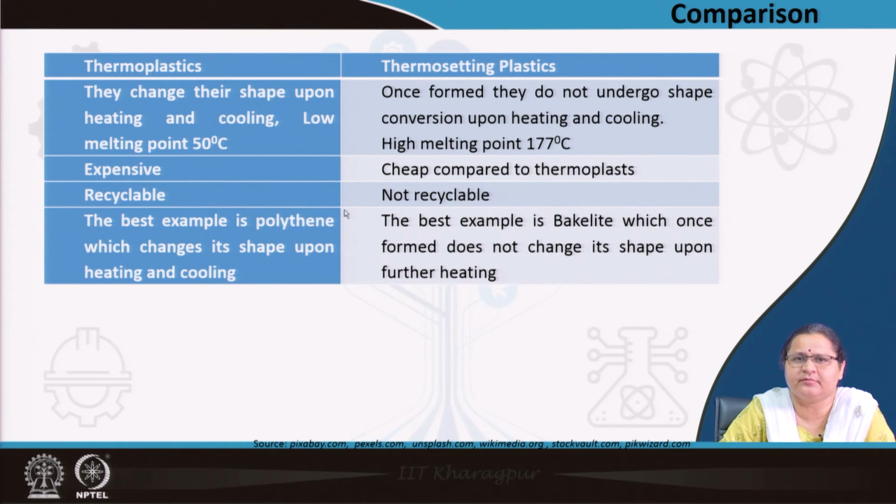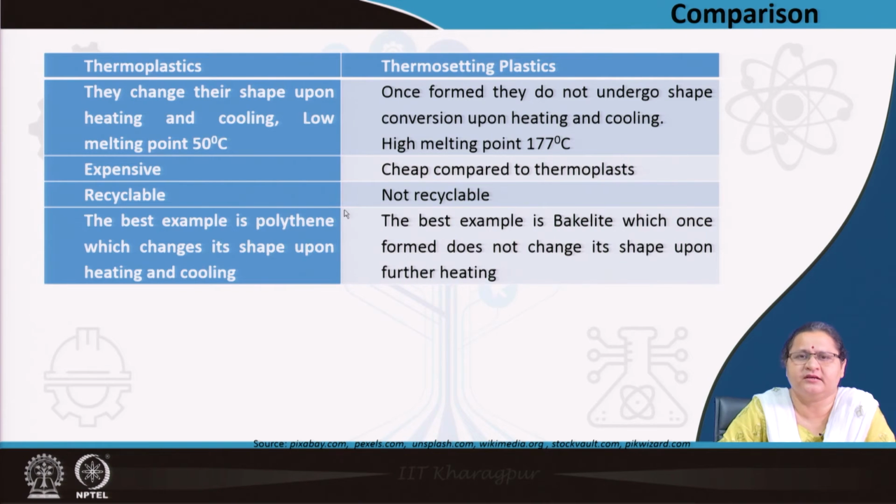Thermoplastics are recyclable, thermosets are not. Thermoplasts are much more flexible, not so rigid, not so brittle, and they can change shape upon heating and cooling, which is not possible for thermosets.